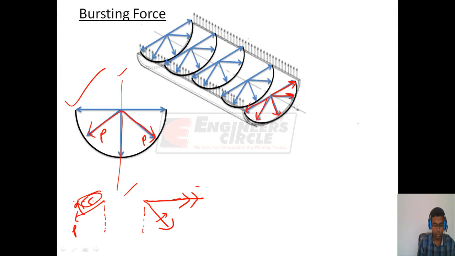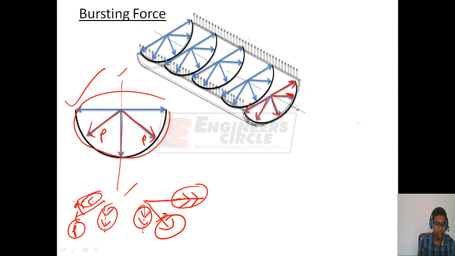So these two horizontal components will cancel out, but the vertical component of this pressure P and the vertical component of this pressure P will add on. So the net effect of this pressure on this section is to exert a vertical force, and similarly on this cross section a net vertical force will be acting, similarly on this cross section, similarly on this cross section. So on every cross section a net vertical force will be acting due to pressure P.